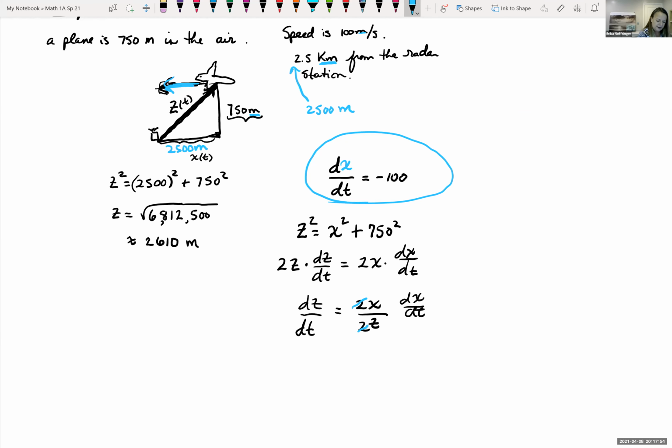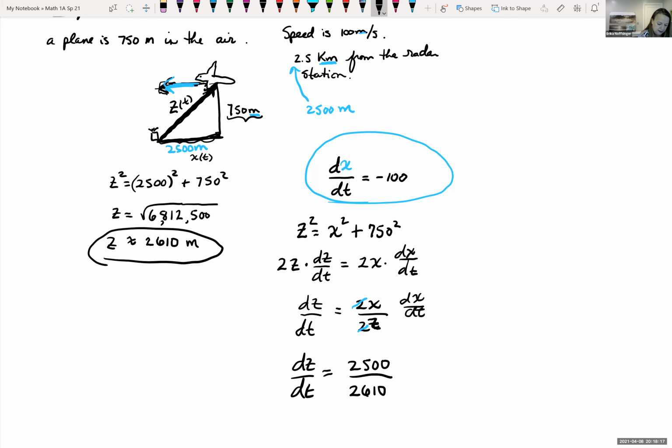We know what our X value is. So we have the rate of change, dz dt. This X value at the initial piece is equal to 2,500, all over our Z value, which we just found. Z was approximately 2,610, all times dx dt.